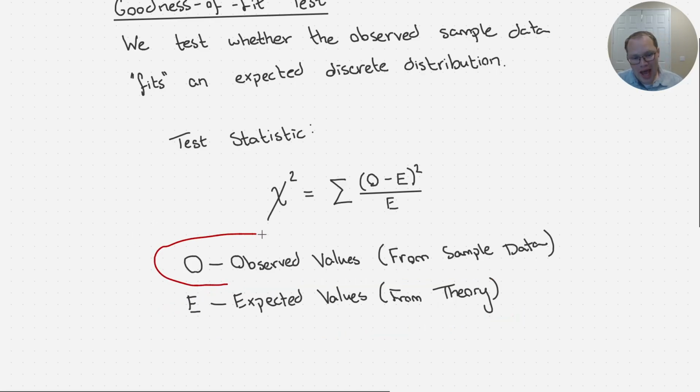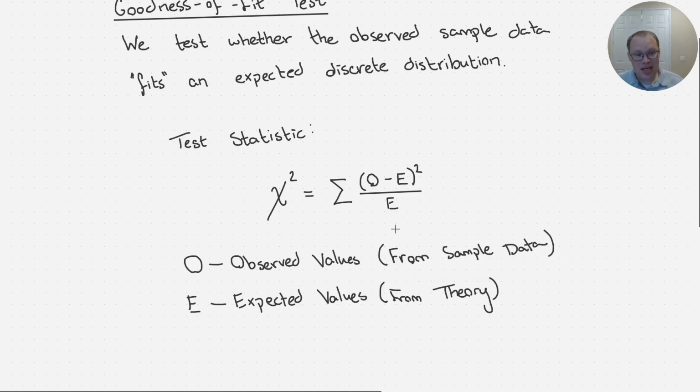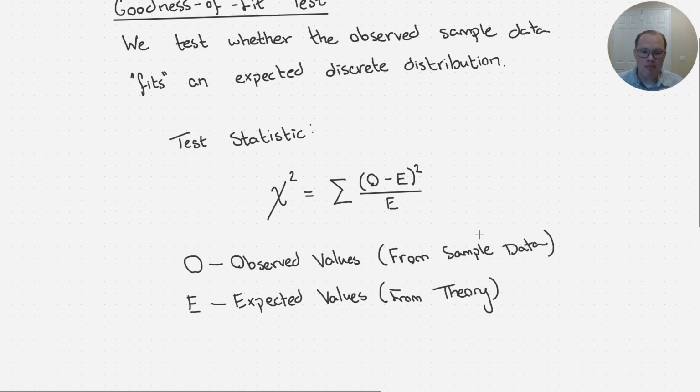But when we actually roll the die many times, we may observe a different number. Maybe we roll the 6 a lot more times than any other number. What we can test is, does what we observe match what we would expect? If we roll a lot more 6s than any other number, maybe that would suggest that our die isn't actually fair. Maybe it's a weighted die.